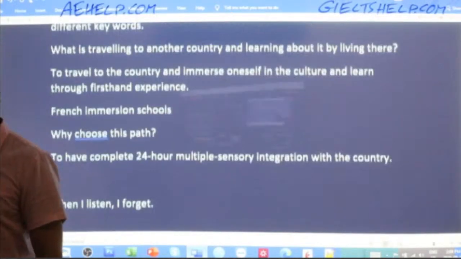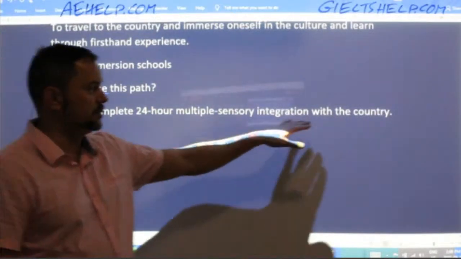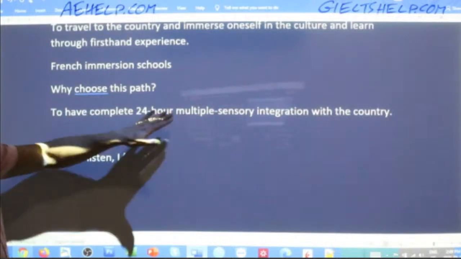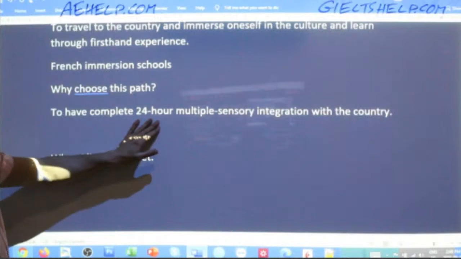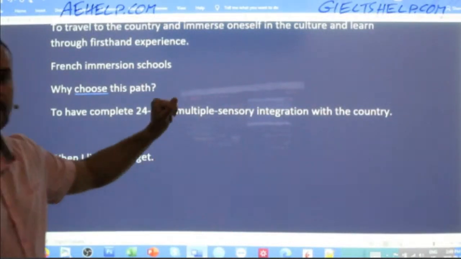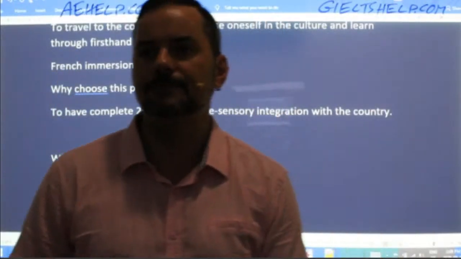Remember the why? To have complete 24-hour multiple sensory integration. Now, I might not use all of this because I think some of this might be a little bit more suitable for the explanation, but some of this could be useful for the topic sentence as well, okay?